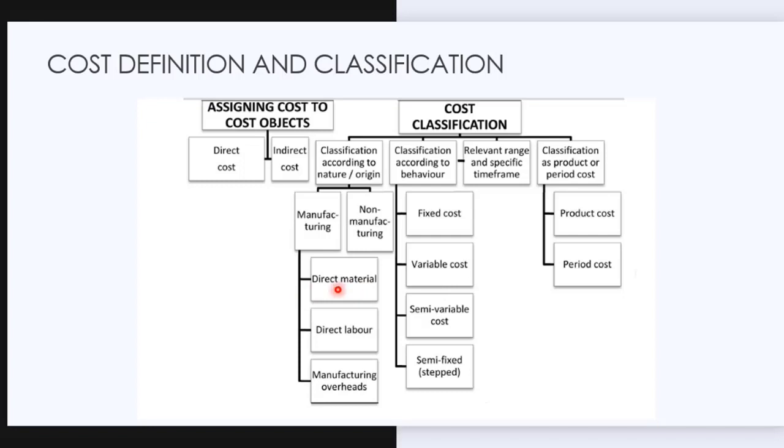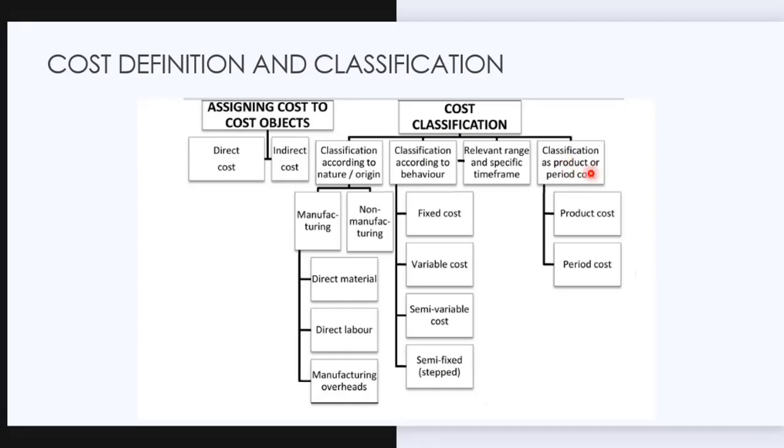I said raw material earlier. Are they direct material? Are they direct labor? Are they manufacturing overheads? We are classifying after defining. Another factor or pillar of classifying is how they behave. Are they in a fixed way or a variable way, or semi-variable or semi-fixed? What does it mean?